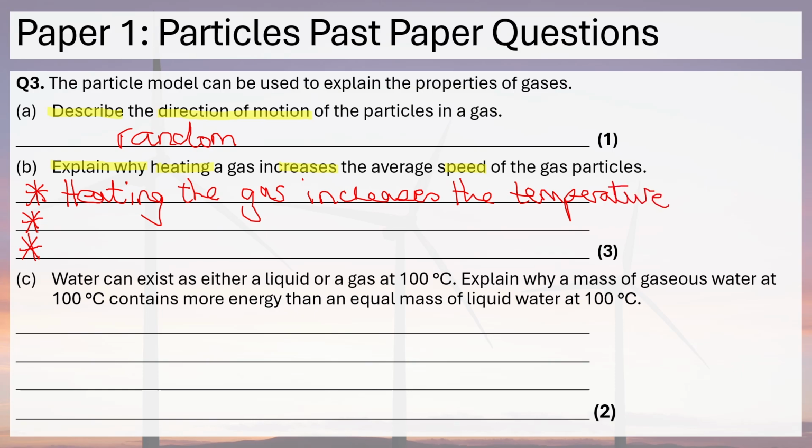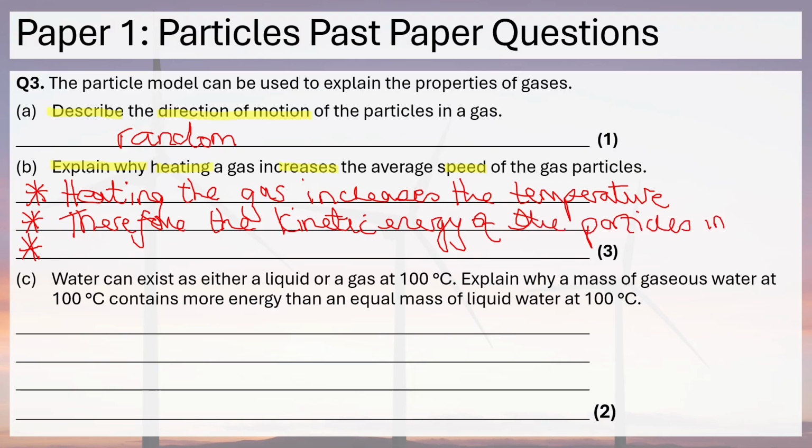The second point is for saying, therefore, the kinetic energy of the particles increases. And then going back to the question, we need to end up talking about average speed.